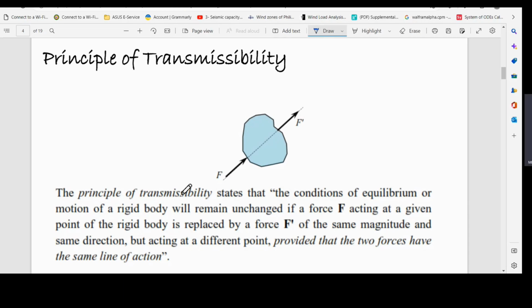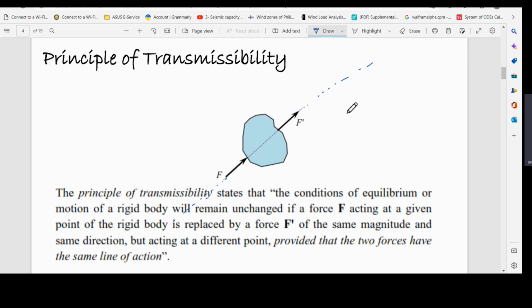If we have here a force F, we take its line of action, which is this one, right? Extend, extend, extend. We can also extend this way. So if we have a force F here, and we also have force F prime here replacing our force F, as long as they lie on the same line of action, their magnitude is still equal.